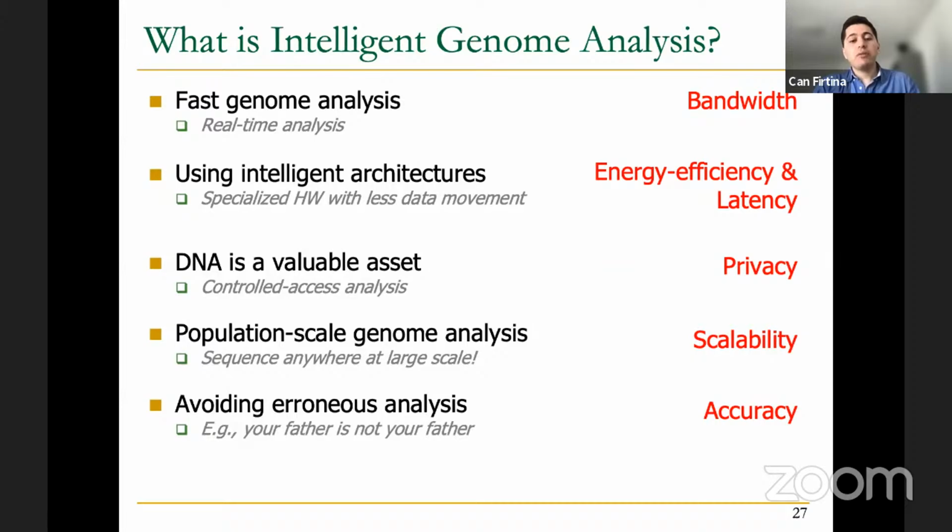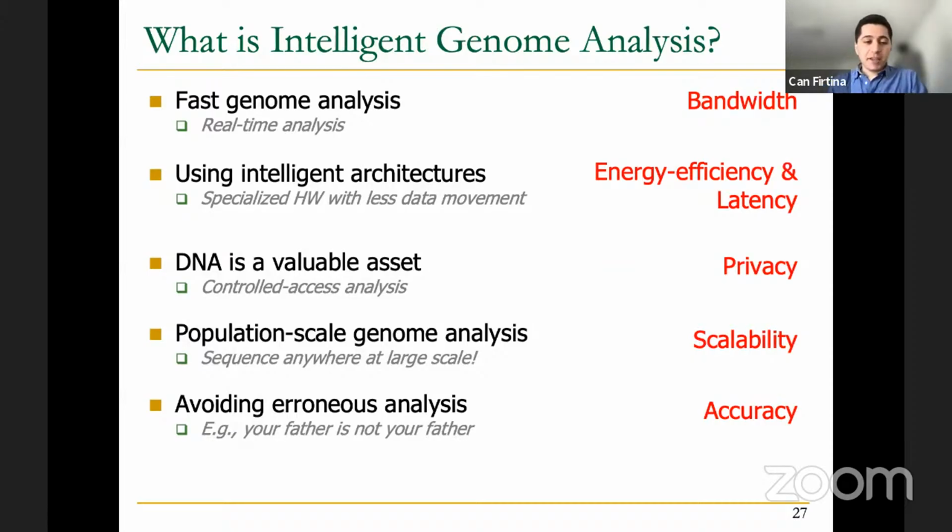We want to improve the energy efficiency and the latency of the algorithms or the hardware that we're relying on, so that we can develop really energy-efficient architectures, so that we can solve the problems maybe on site without requiring high computational power.